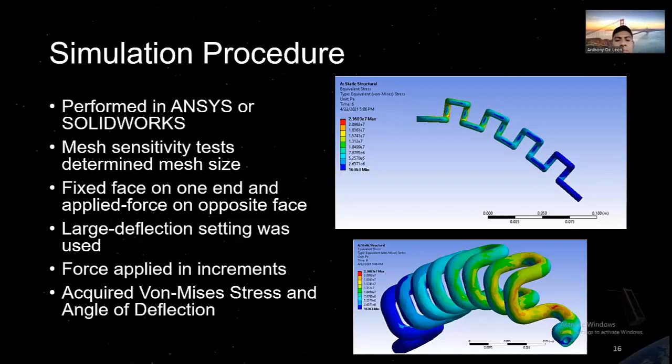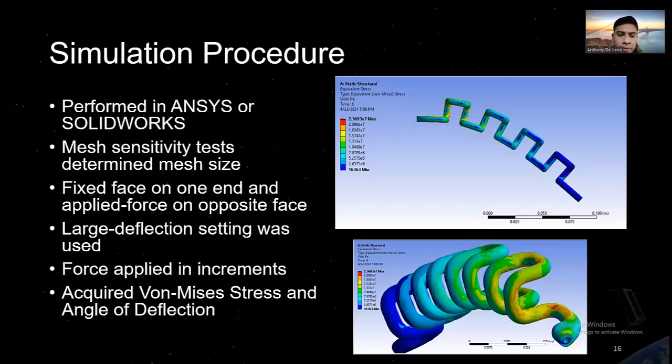The process basically was we made one end of the flexure a fixed end, and then on the opposite side of the flexure, we applied a force which would bend our flexure.